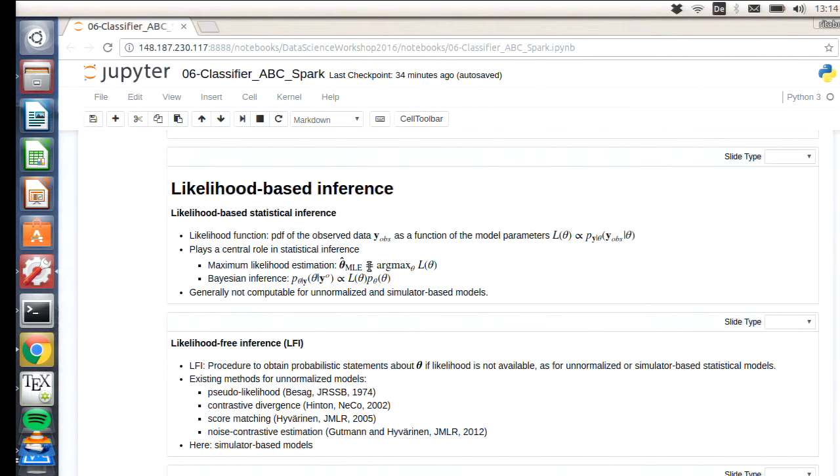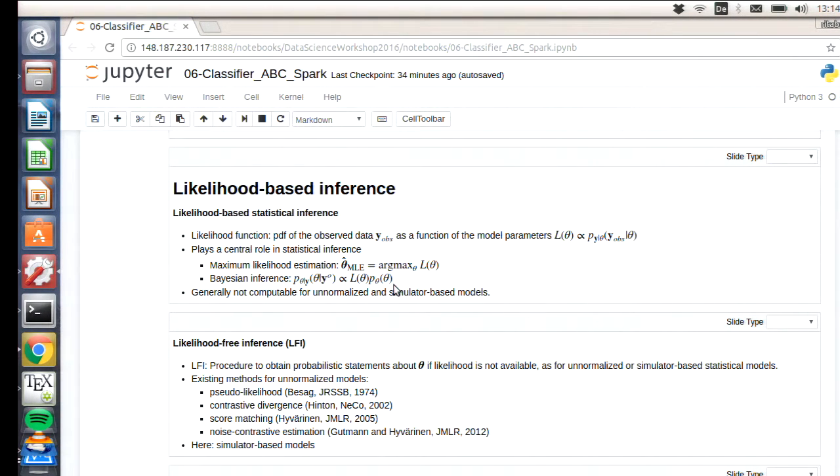In Bayesian inference, you have a distribution over theta, which is proportional to L theta and the prior information you have. These are the 2 big paradigms in statistical inference theory. One is the frequentist, and the Bayesians do it in a slightly different manner. But both of them assume that the likelihood function is known, that it has a mathematical form, and you can do things with that.